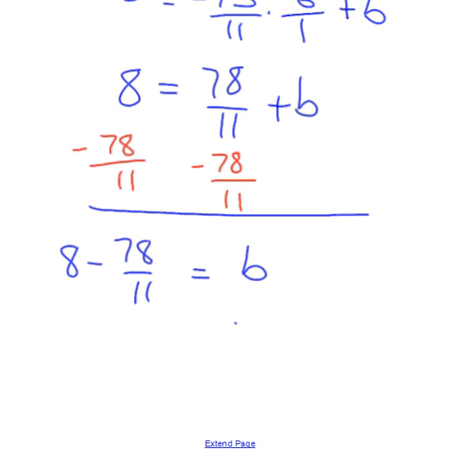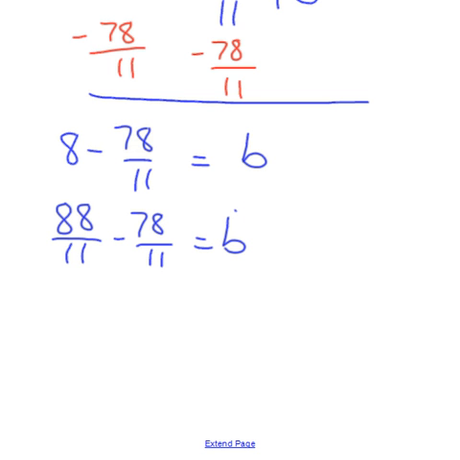I just have to do this last fraction problem. I'm going to find the common denominator, so that's going to make this 88 elevenths minus 78 elevenths equals b. That means 10 elevenths is b.